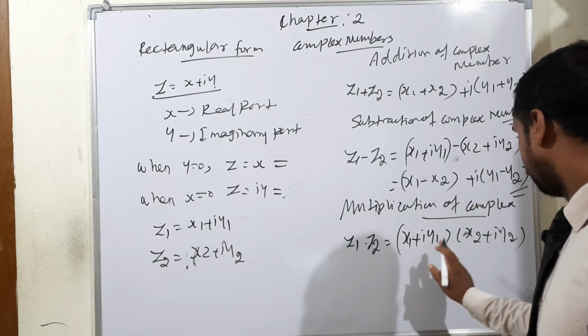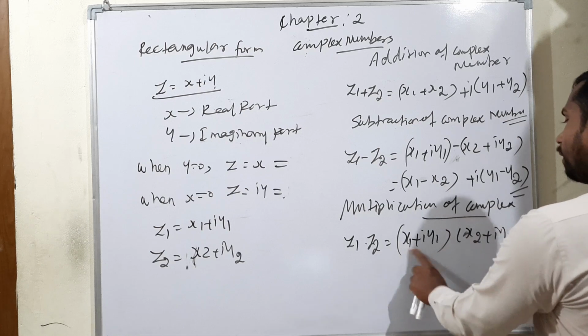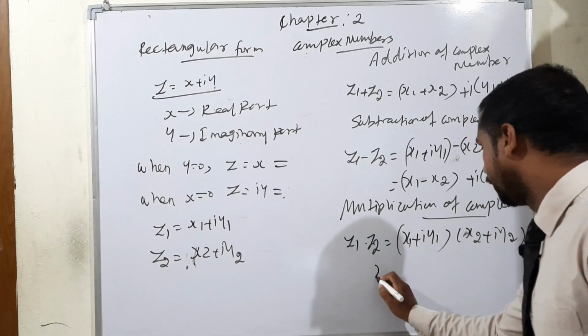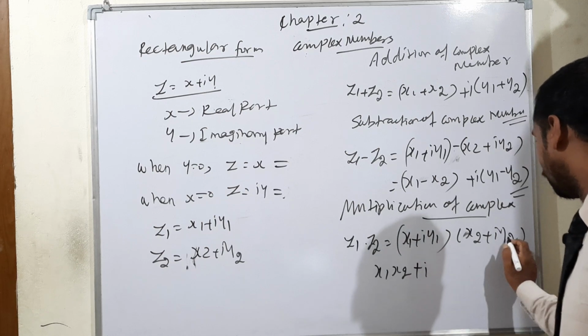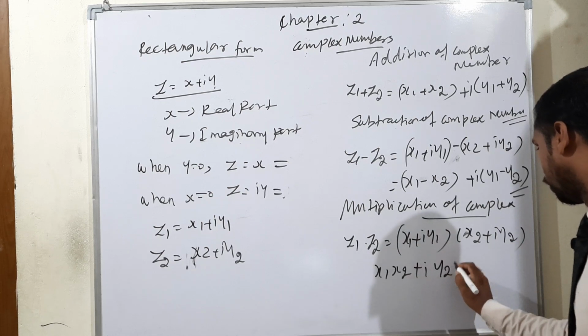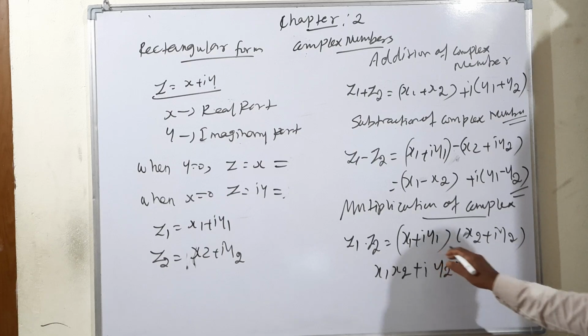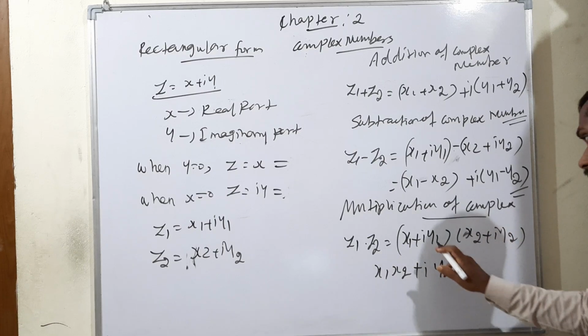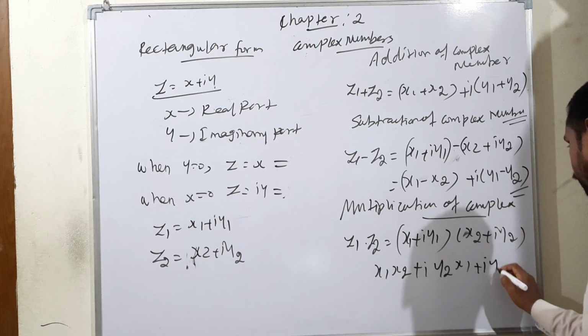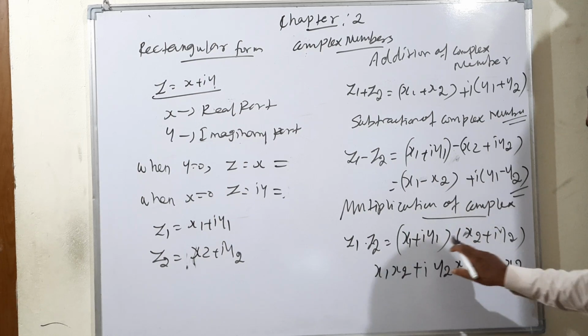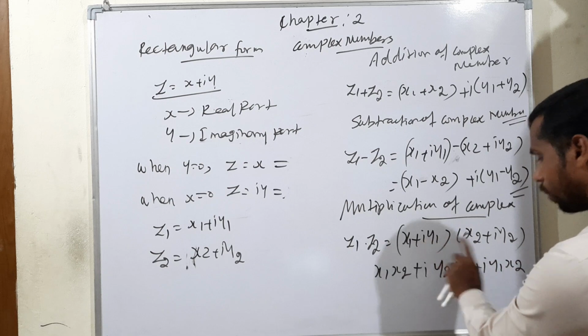First you have to multiply the second term completely with x1. What will happen? x1 into x2, then plus i into y2 into x1. The second part is multiplied completely with iy1, that means plus i into y1 x2. Last condition, very important: i into i means i square.